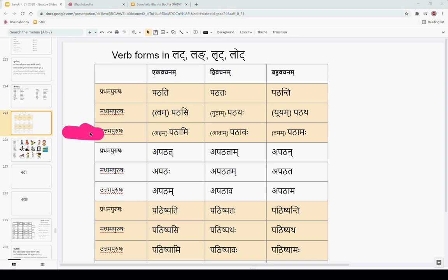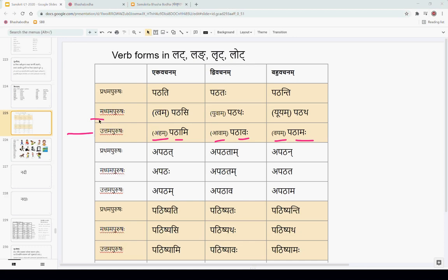So the last line here represents Uttama Purusha. The forms in this row represent the action if the doer of that action or the verb is the word aham, avam or vayam in the respective vachanam. In the ekavachanam it should be aham, dvivachanam avam, bahuvachanam vayam.